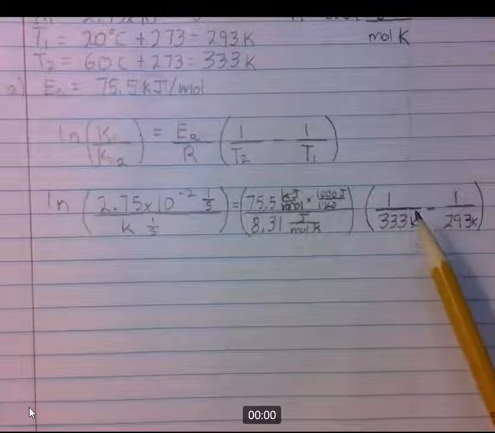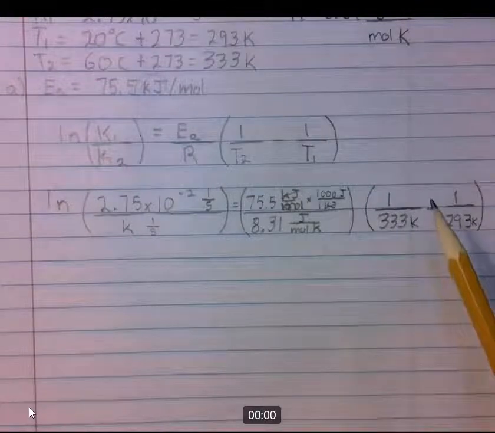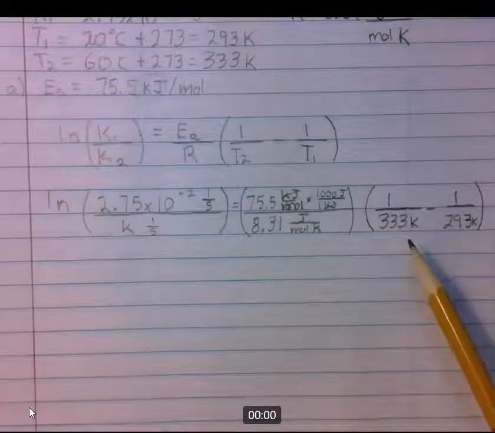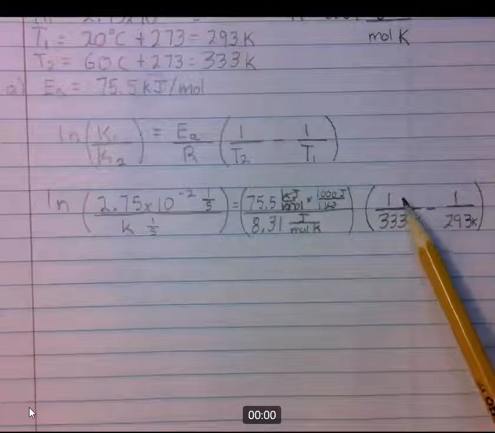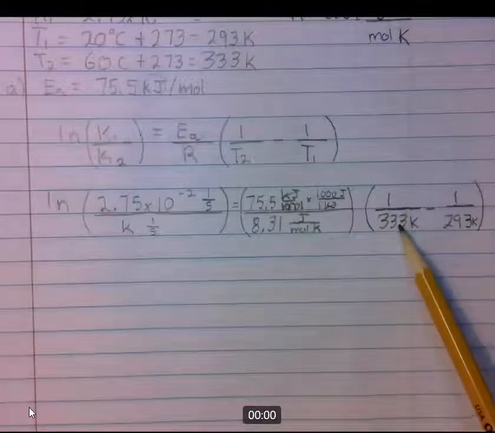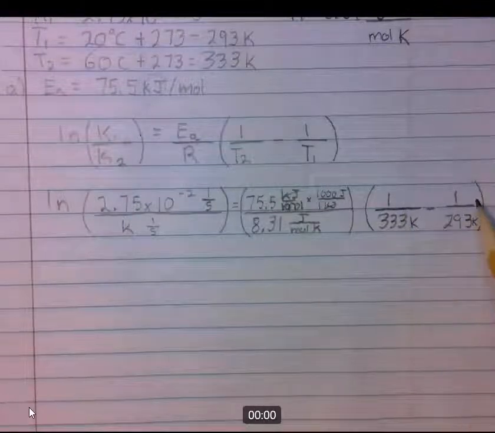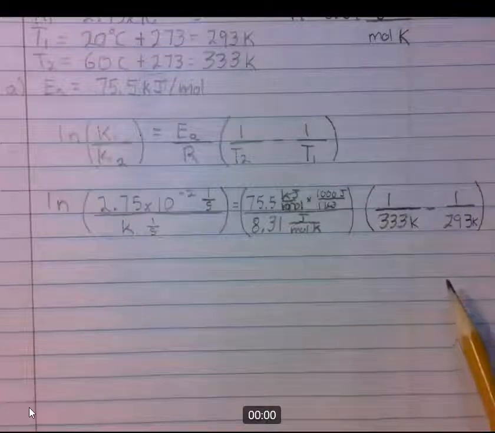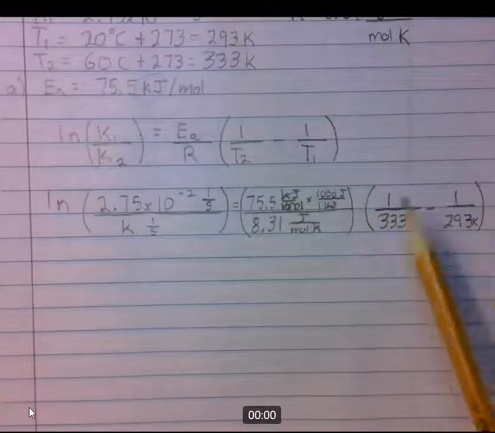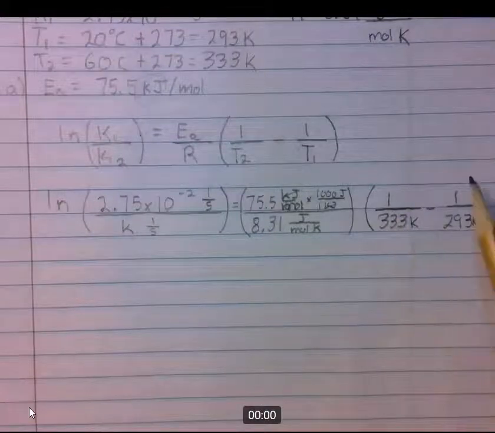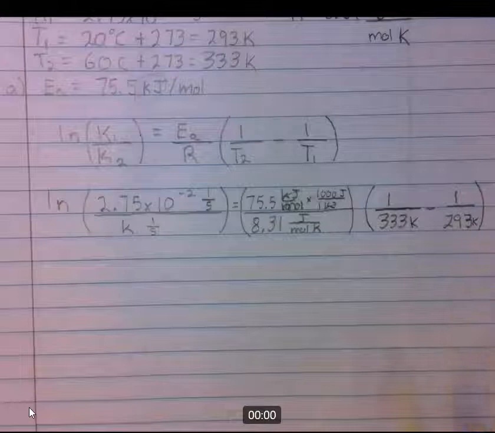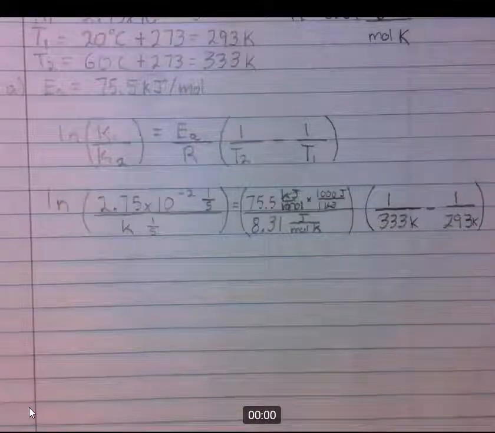Calculators use order of operations. That means it does multiplications and divisions before it does additions and subtractions. So if I simply typed in 1 divided by 333 minus 1 divided by 293, it will execute that properly, because it'll do those two divisions before it does the subtraction, and that's what you want it to do.